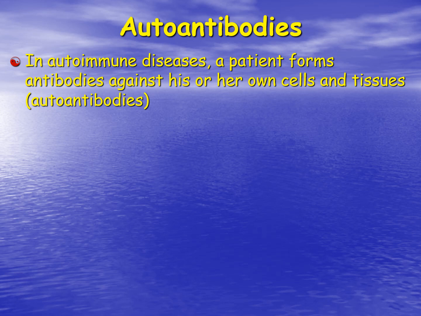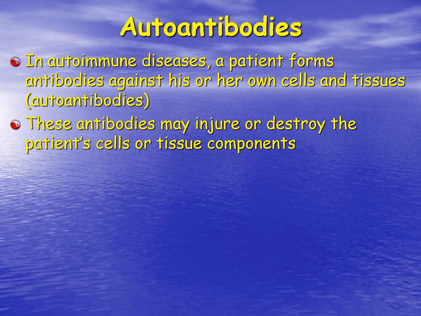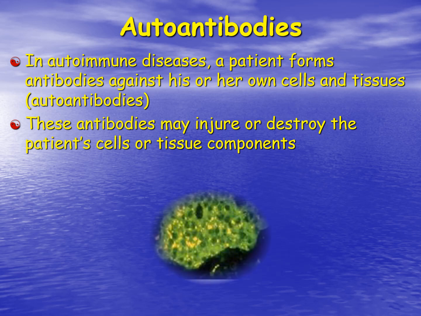In autoimmune diseases, this tolerance stops and we begin to form antibodies to our own self-antigens. These autoantibodies then may injure or even destroy the patient's own cells or tissue components in an inappropriate immune response, and this is autoimmunity.